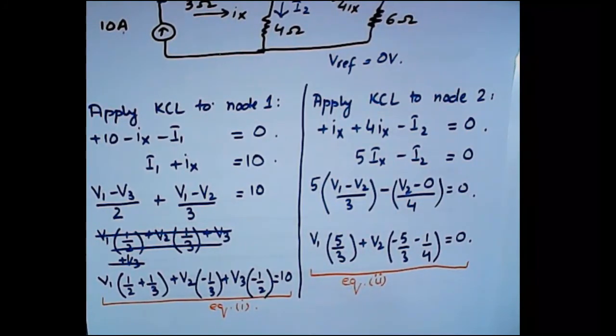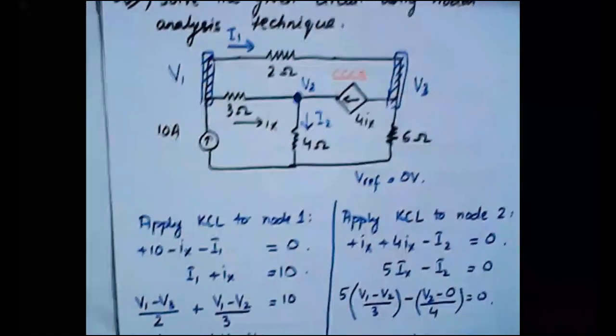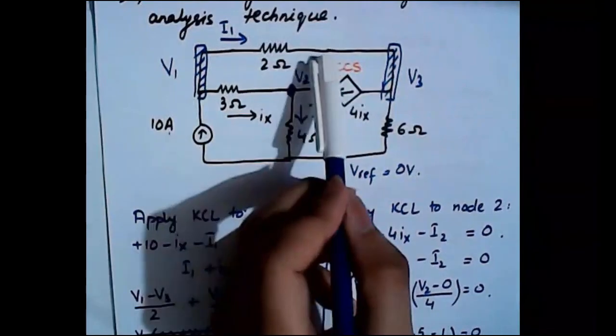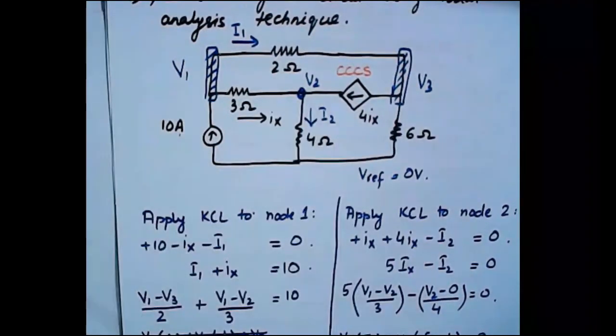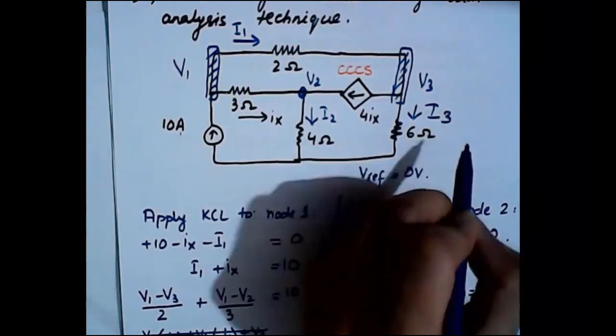And now what you need to do is apply KCL at node 3. Again you can see that we have one current entering, I1, another current leaving, which is 4Ix, and then we have this I3 current, right?